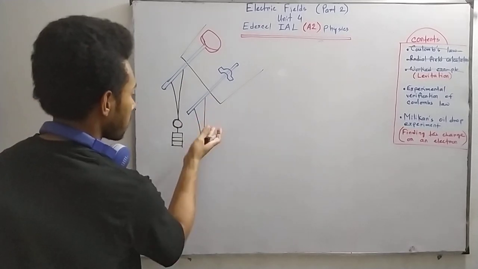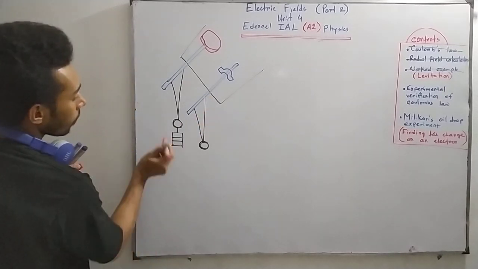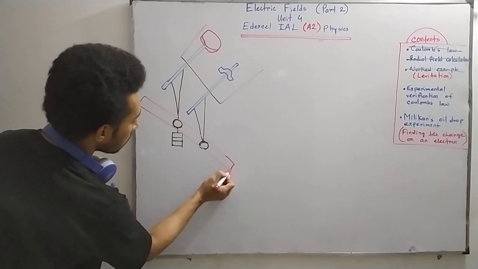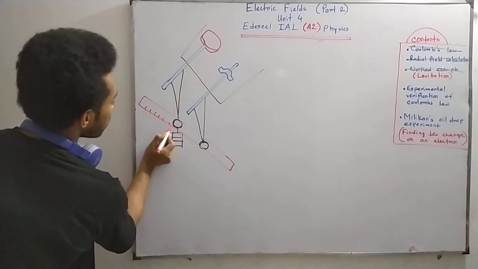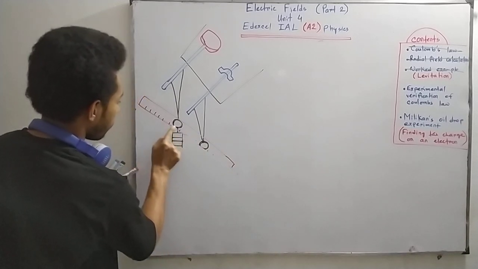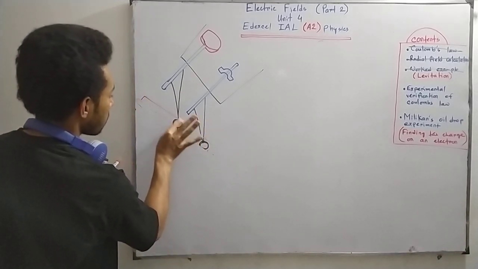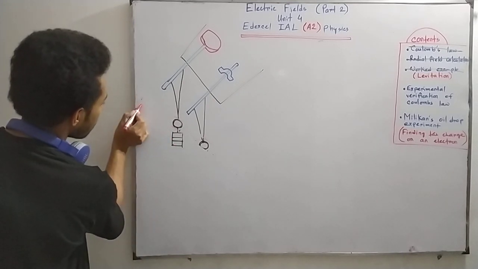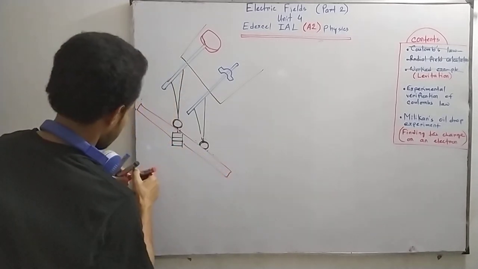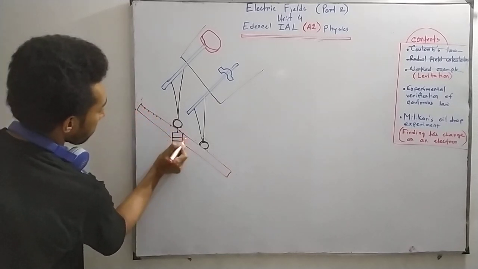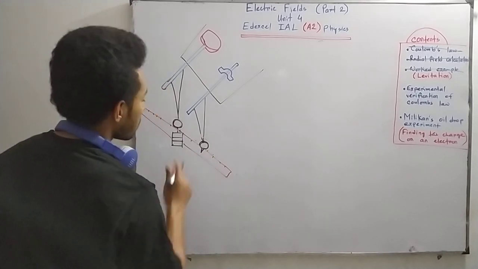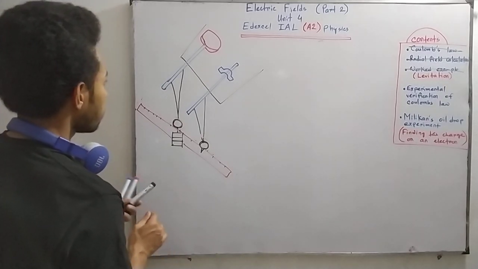Another charged sphere is suspended by a thread, and we'll have a ruler placed behind, and this sphere has a pointer here to judge the reading from the scale.